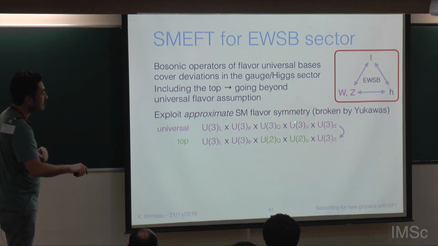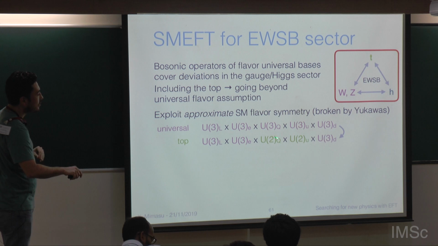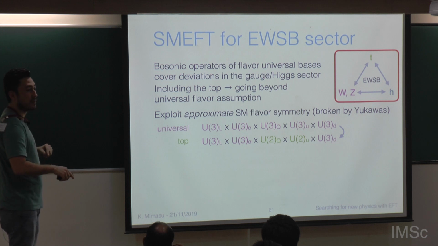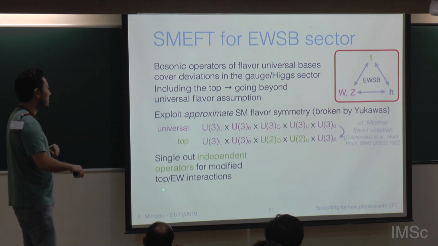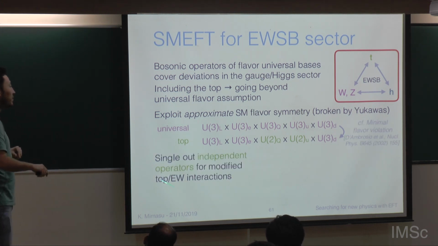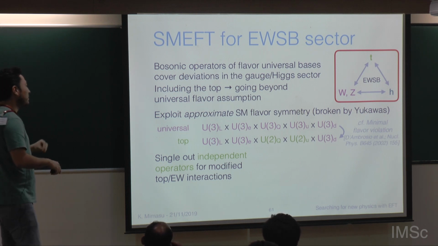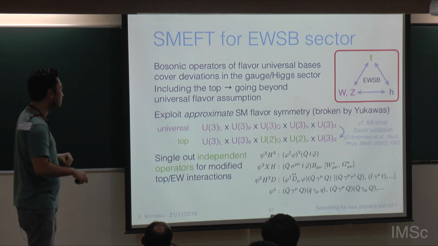And so if I relax this on the doublet quark and right-handed up-type down to U(2), that means I still have a symmetry between the first two generations, but I break it for the third generation. And that allows me to single out independent operators for modified top interactions in a controlled, symmetric way, which will be safe in terms of radiative corrections, etc.